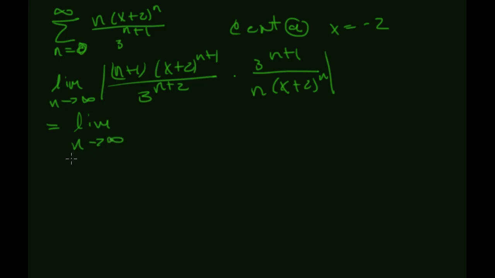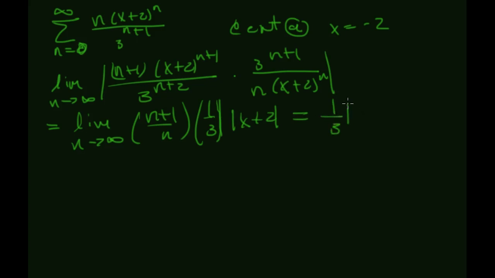Taking the n's and bringing those together, that's going to give me n plus 1 over n. Let's see, we take the 3's and bring those together. I've got one more in the bottom than I do in the top, so that's going to be a third. And I've got one more of these in the top than the bottom, so that's x plus 2. If I take that limit, the n part goes to 1. So this thing is 1/3 times the absolute value of x plus 2.